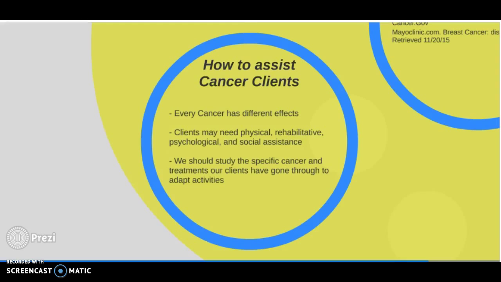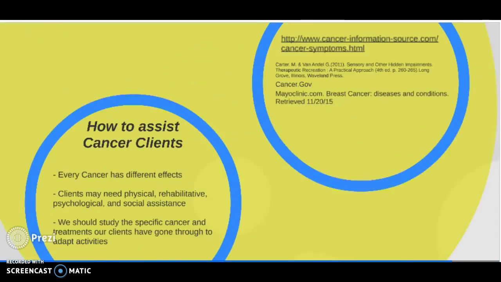So depending on which specific cancer or treatment your client has had is how to adapt the activities to them. If they've lost a limb to amputation because of the cancer, then you have to address that differently. Each cancer is different, and you just have to be aware of that.